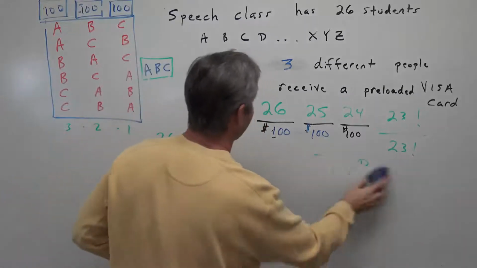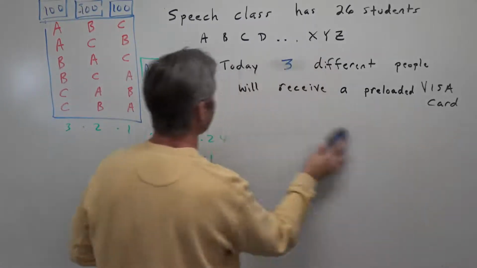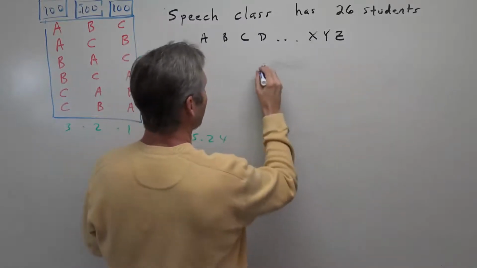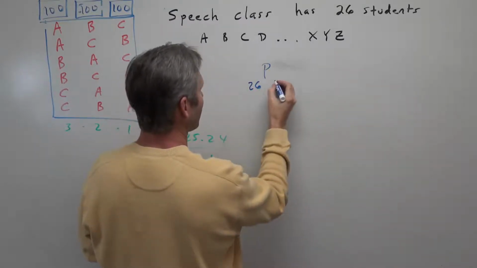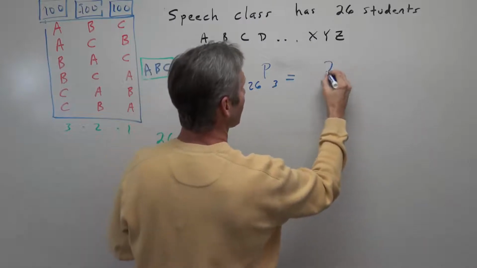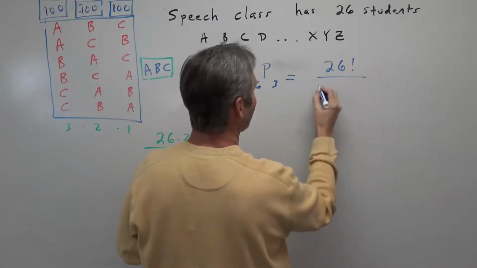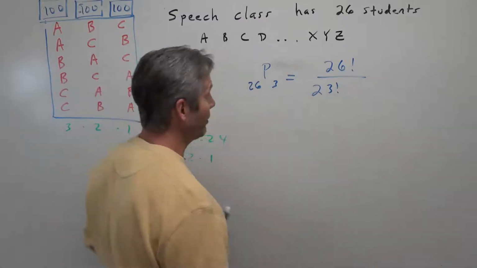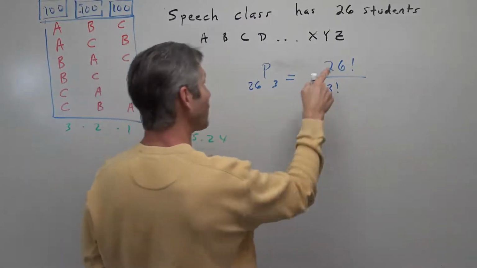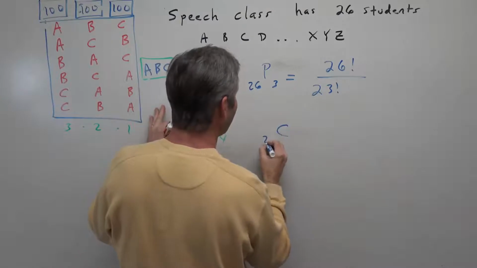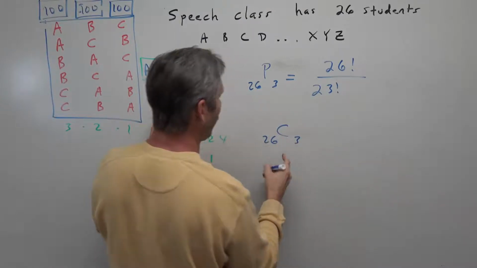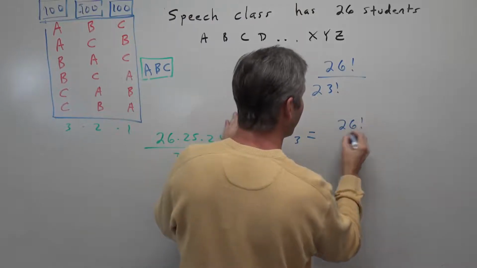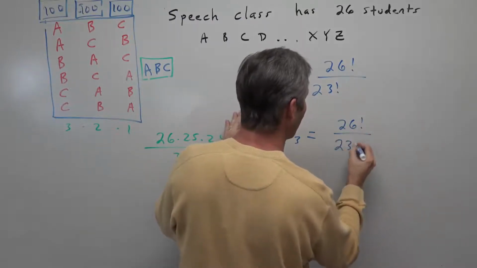Let's make sense out of this then. The permutation formula looks like this. The permutation of 26 choose 3 is equal to 26 factorial divided by 23 factorial. Remember, that cancels 23 through 1. But now that's the permutation formula. The combination formula of 26 things choose 3 starts out by figuring out how many permutations we have.